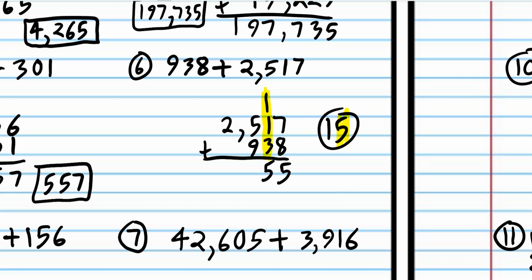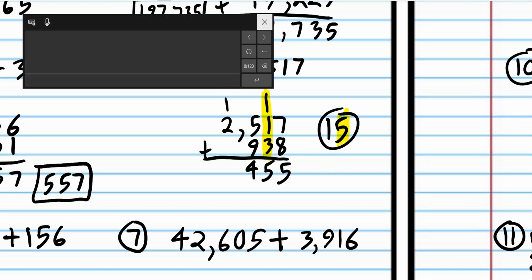Then you just continue on with the algorithm. But look, we have another situation. 5 plus 9 is a number that's greater than a 1-digit number. It's a 2-digit number. 5 plus 9 is 14. So you're not going to write 14 here like that. You're going to write the 4, and then you're going to carry the 1. So now instead of 2 plus 0, it's 2 plus 1.